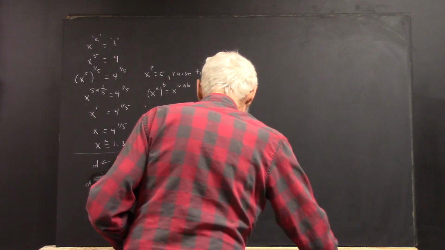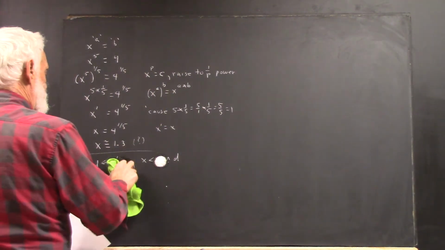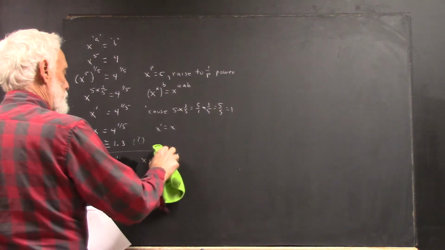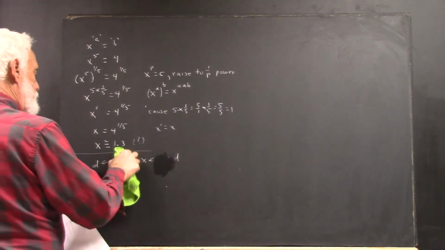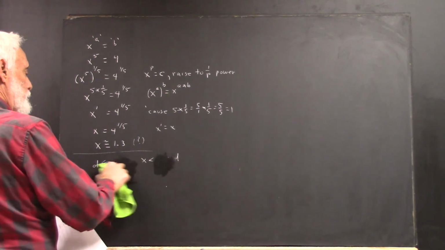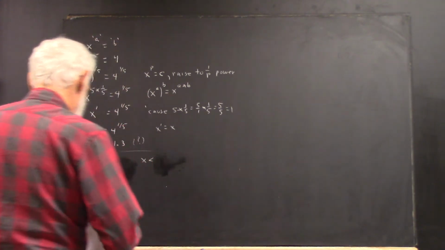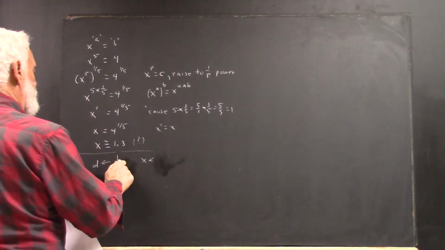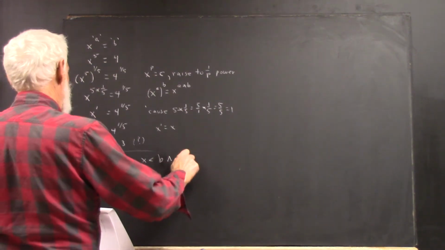My A's have to become B's. Then I can follow the scheme and it'll work. So we're going to say D is 1 over A, and X is B raised to the D power.